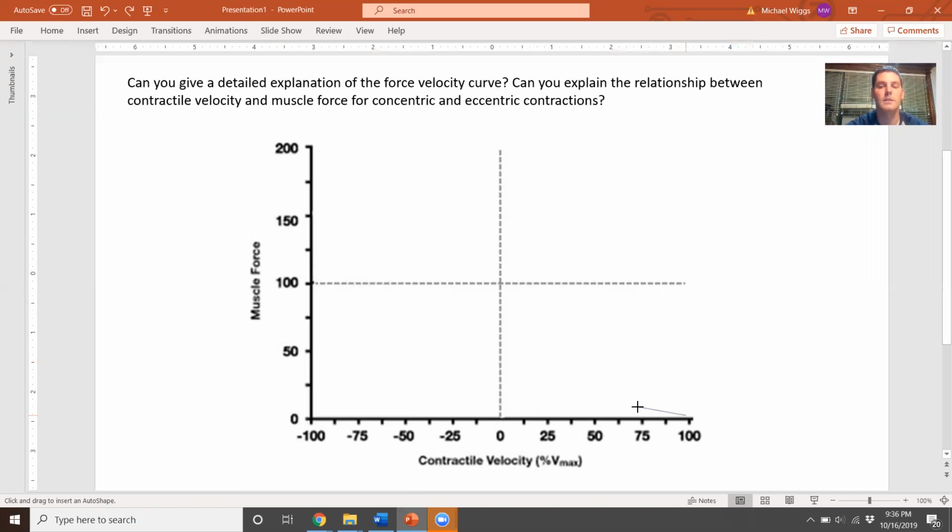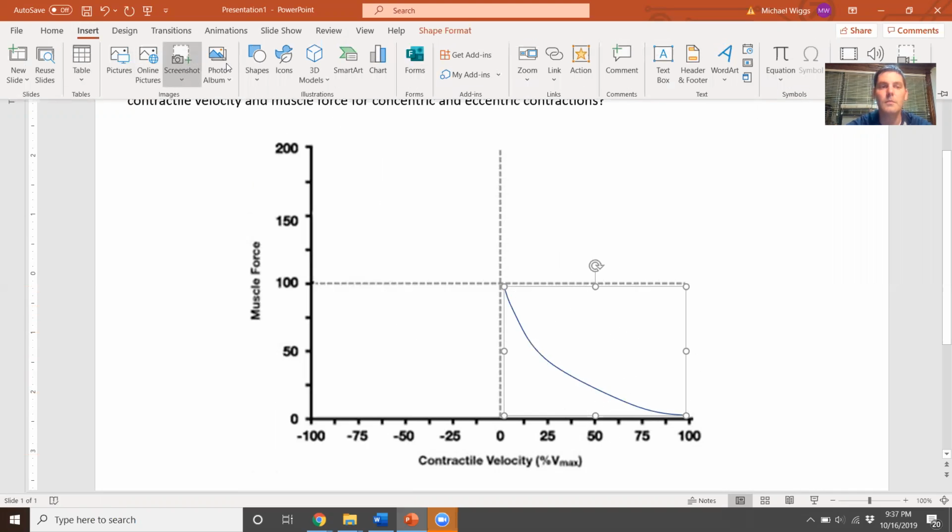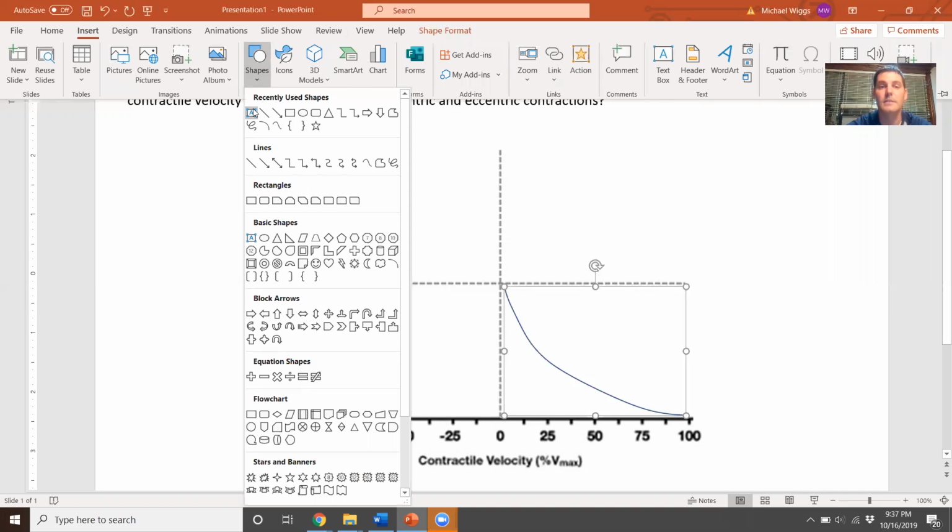Sorry, I'm having to use a laptop to try to draw. So what we get is this upsloping curve. Again, these are situations in which the force with which we're able to do the contraction is less than our 1 rep max.